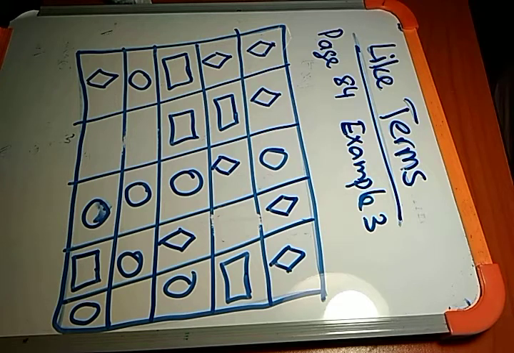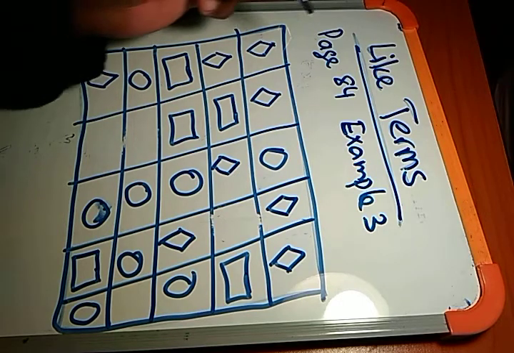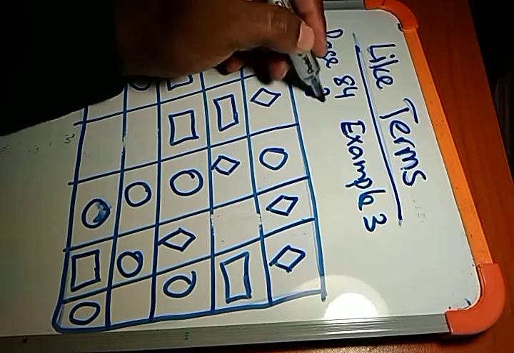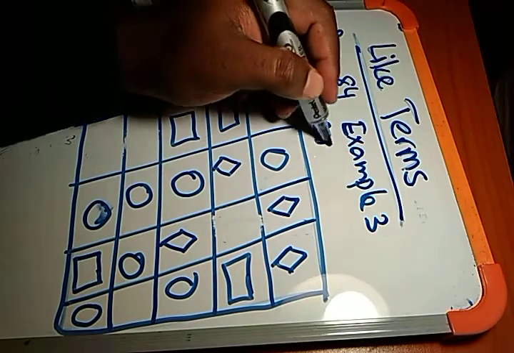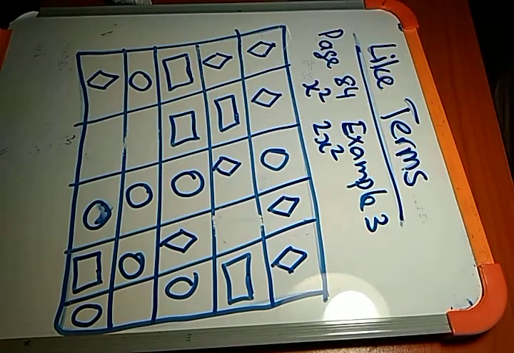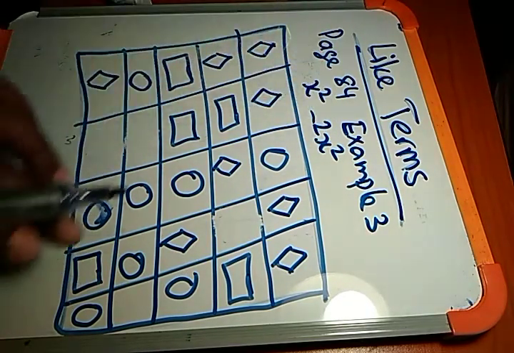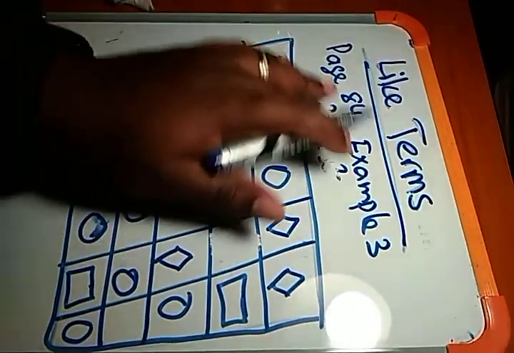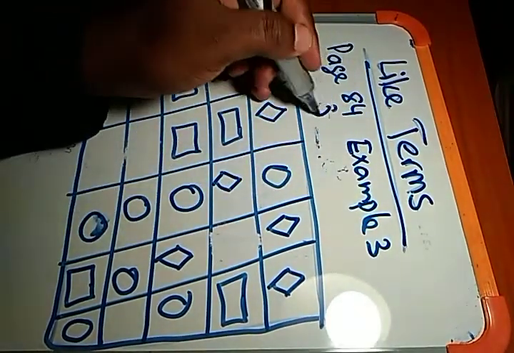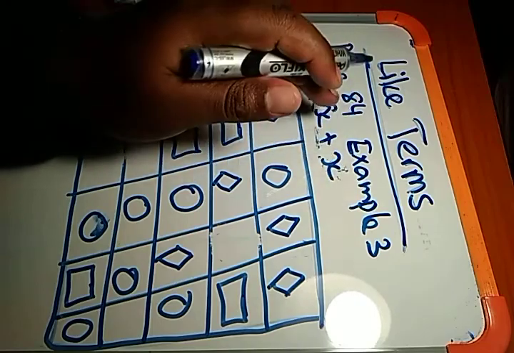An x squared will be put together with something like a 2x squared. So, for instance, x squared and a 2x squared will be like terms. So, you can add those. Or an x and an x, those will be like terms.